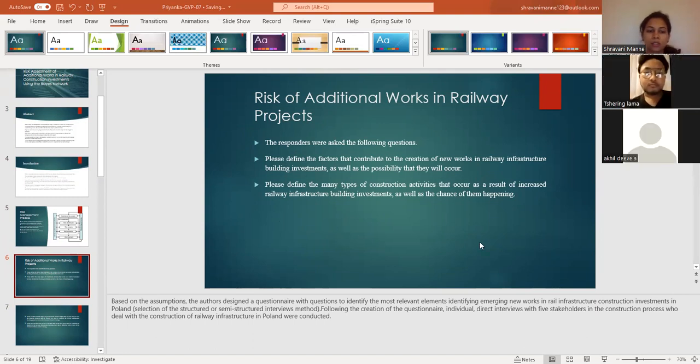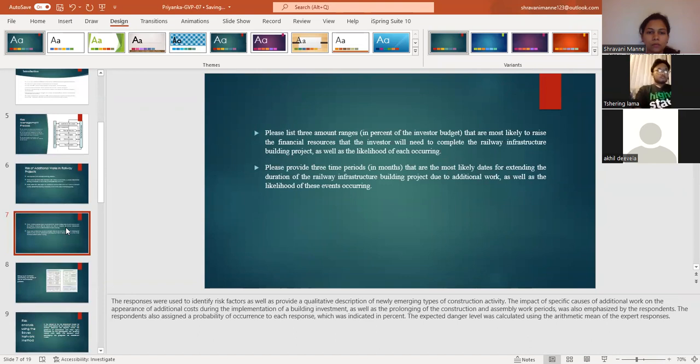Based upon the assumptions, the authors designed questionnaires with a few questions to identify elements such as emerging works in rail infrastructure. These are certain questionnaires which stakeholders dealing with the construction process answered.